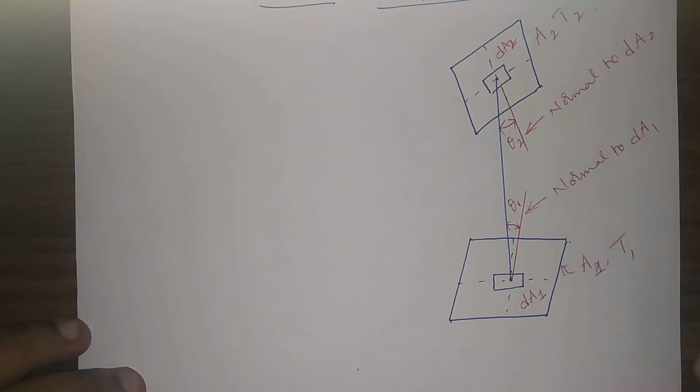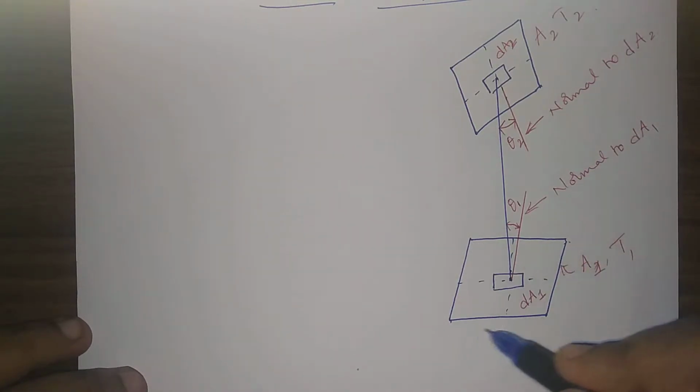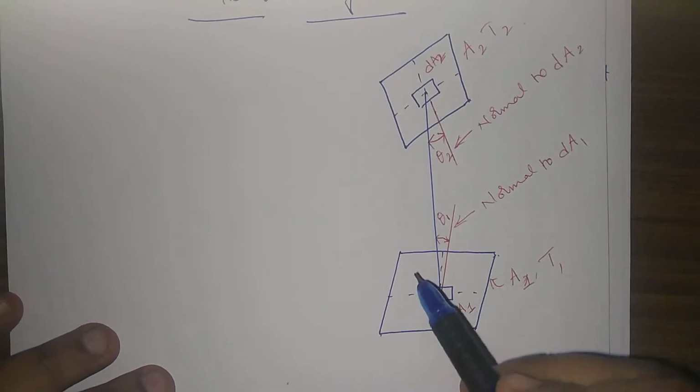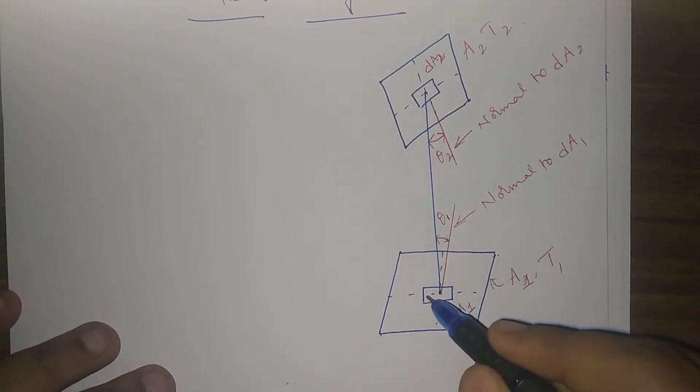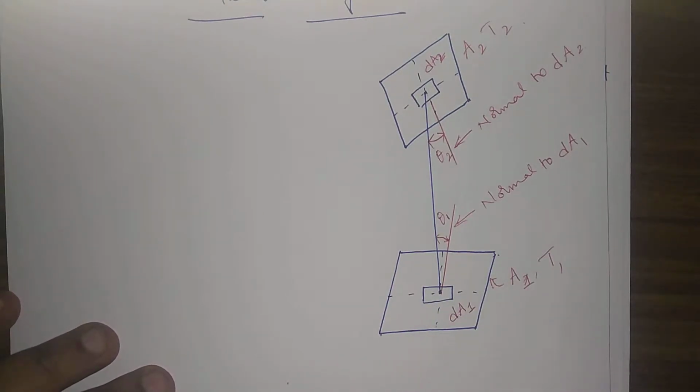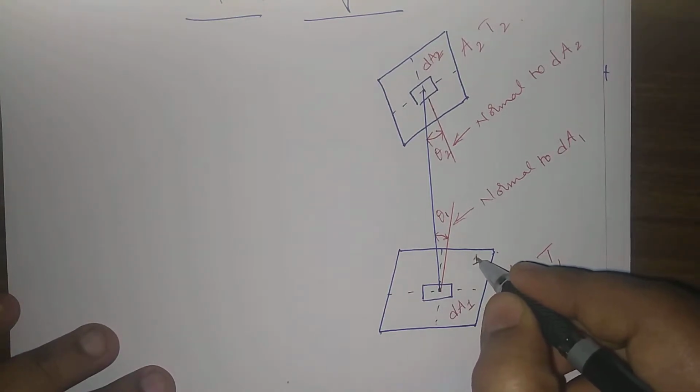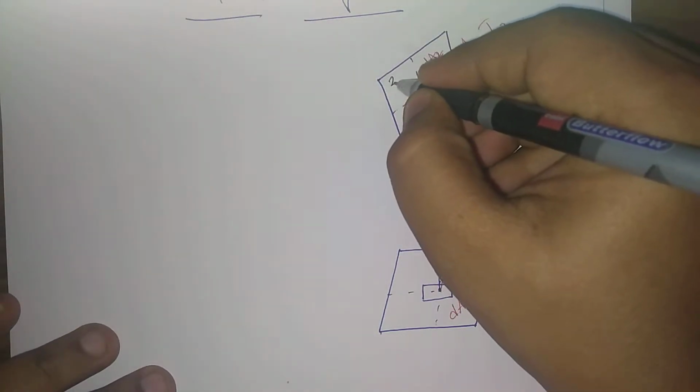Now for that matter, I have taken two surfaces which are oriented in certain directions. Now we have to understand this. In those surfaces, I have taken a small elemental area. So this is body 1 and this is body 2.